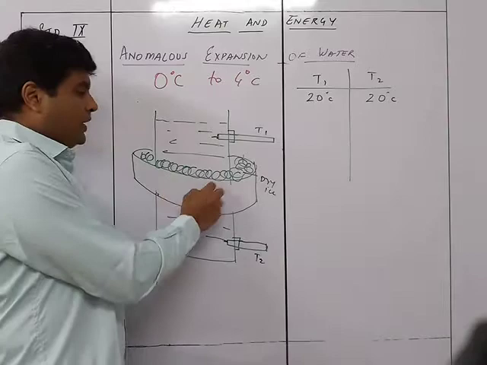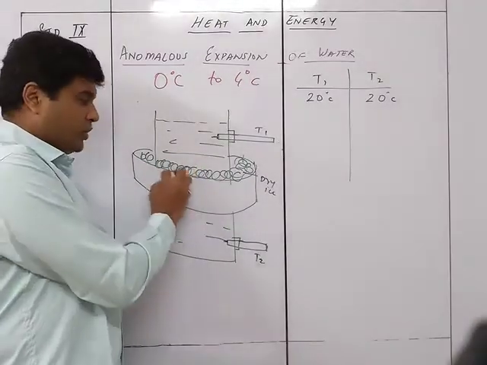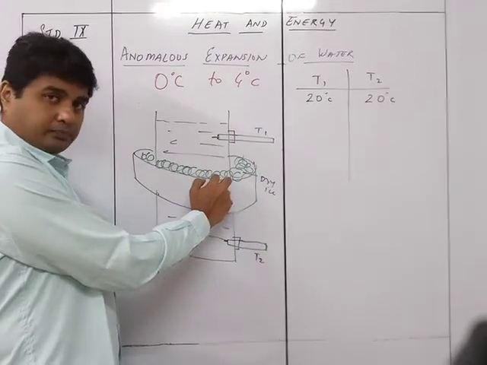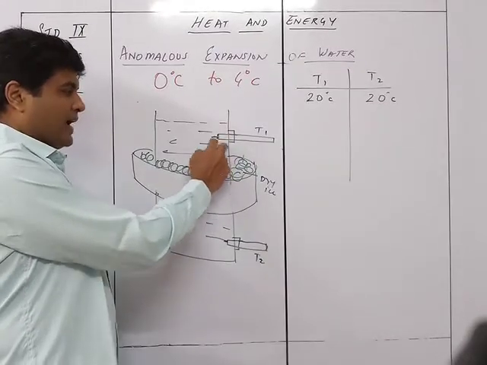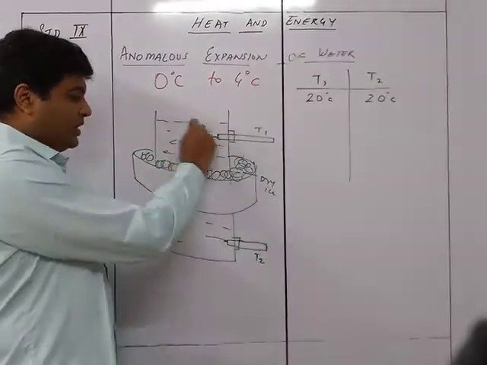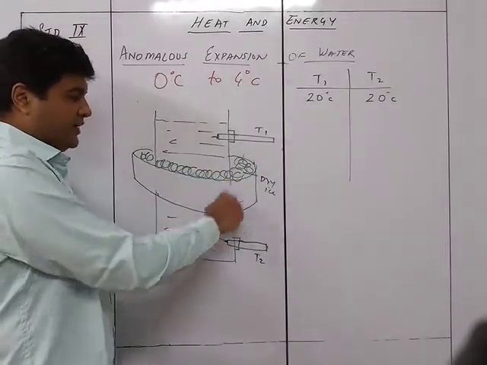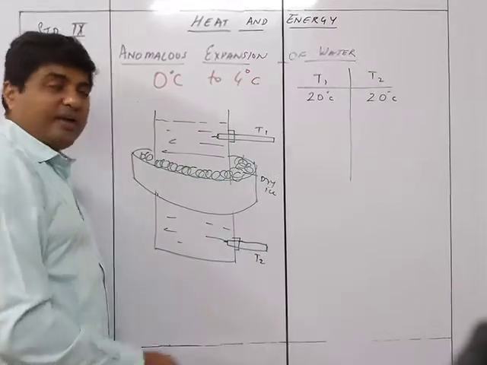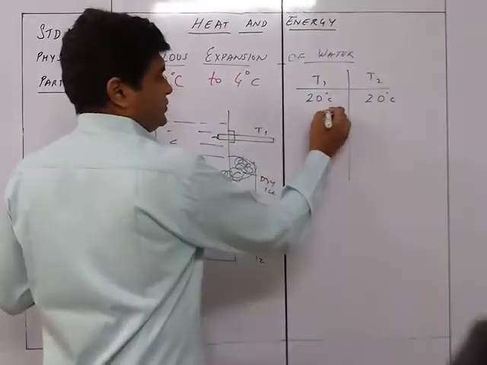So the cold water molecules are going to go down, the hot will come up, and they are going to rise upwards. So there will be a convection cycle generated over here, so that the complete thing is going to reach 4 degrees Celsius without any problem.